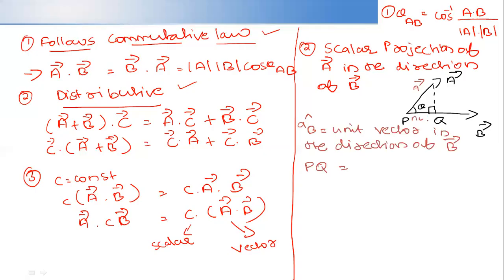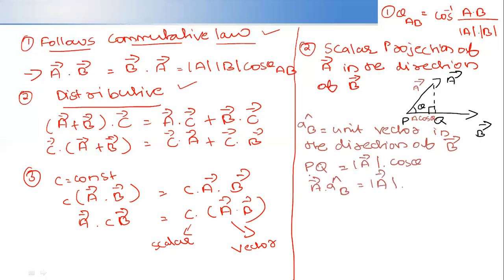A cos theta is just a magnitude, so we need to add the unit vector in the direction of PQ. The unit vector in the direction of PQ is AB cap.